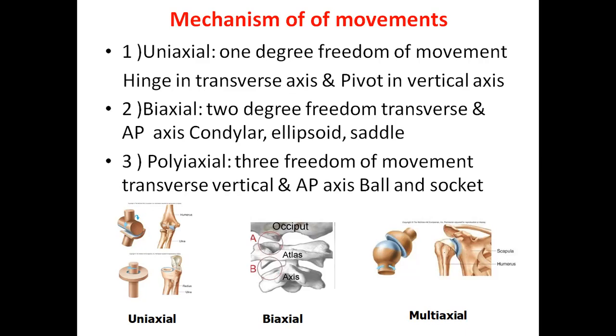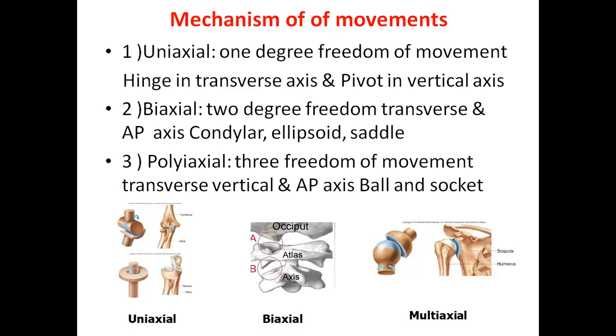In the transverse axis, we can perform the movements flexion and extension, while in the AP, that is anterior posterior axis, abduction and adduction movements are performed.